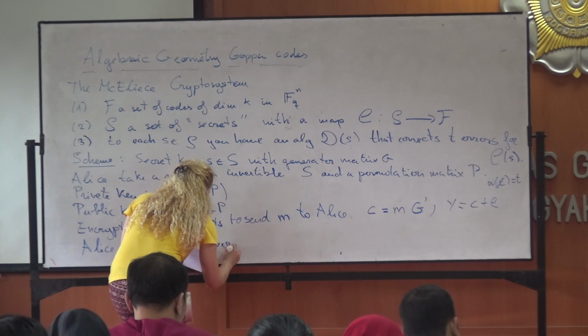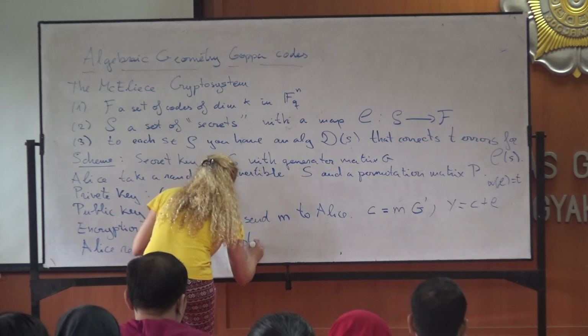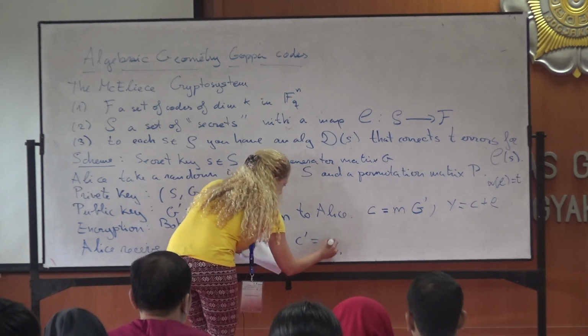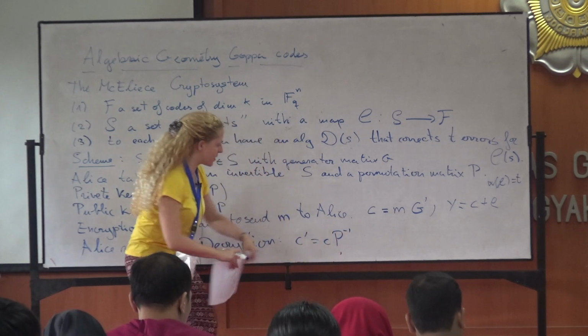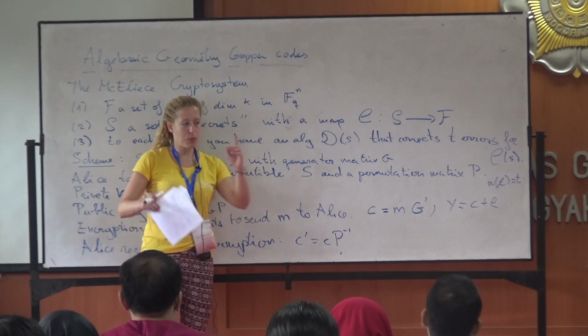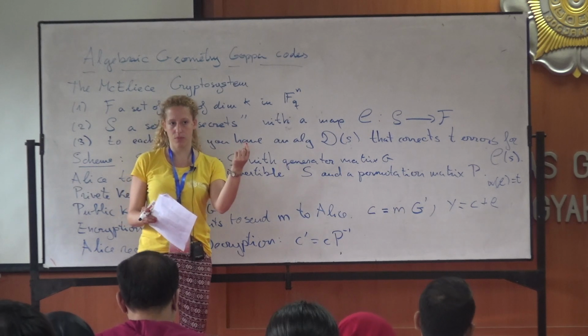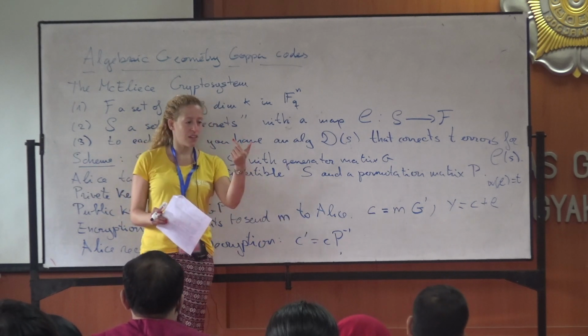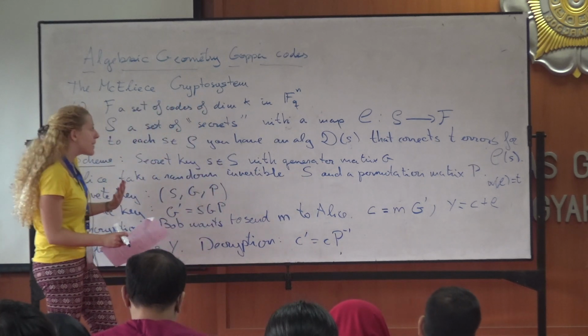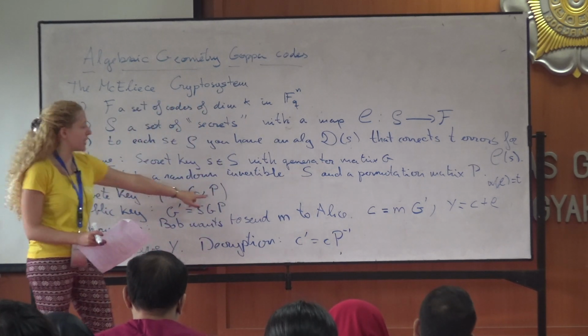So the decryption is that first she computes C prime equal to Y P minus 1. Okay, so remember, P was permuting the columns. So now when you do that, you put again the columns in the right position. But this is something that Alice can do because Alice knows the private key.